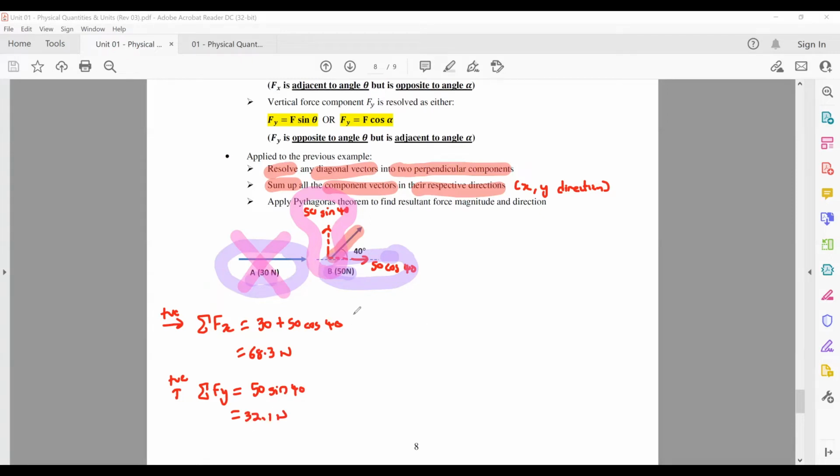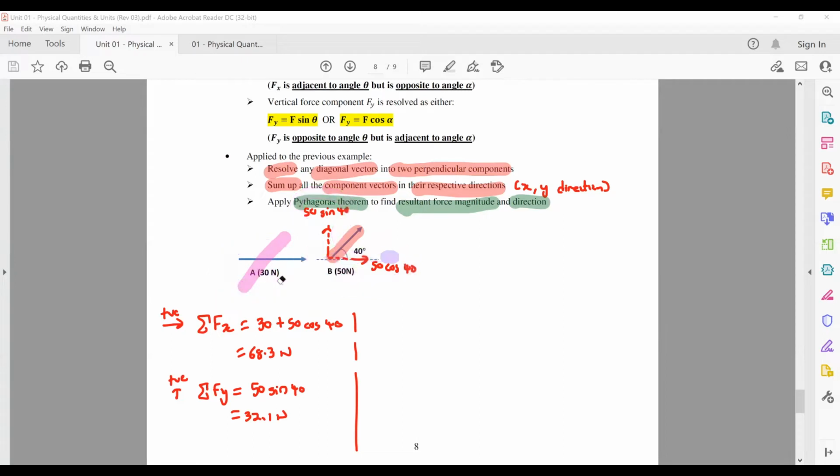Newton. Okay, then after you've done that, you apply Pythagoras theorem to find the resultant force magnitude and direction. Now, why do we say we can use Pythagoras theorem here?